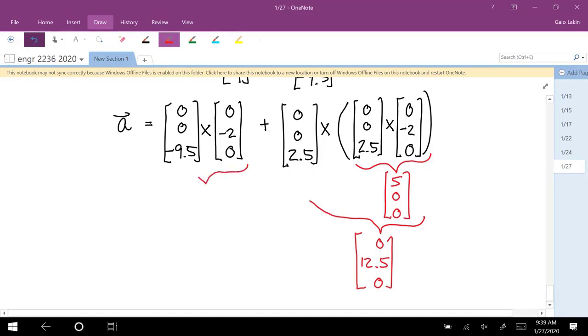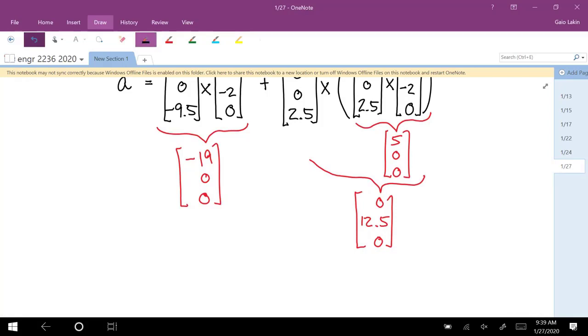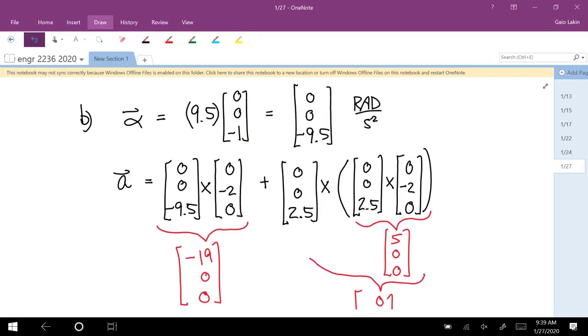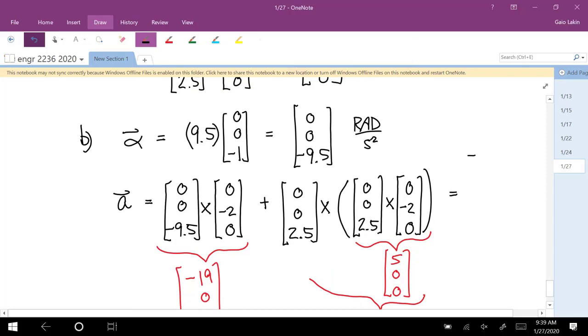And then if you take the cross product of the first two, you get negative 19, 0, 0. Now we're just adding these two together, and we get an acceleration vector of negative 19, positive 12.5, 0, and the units are meters per second squared.